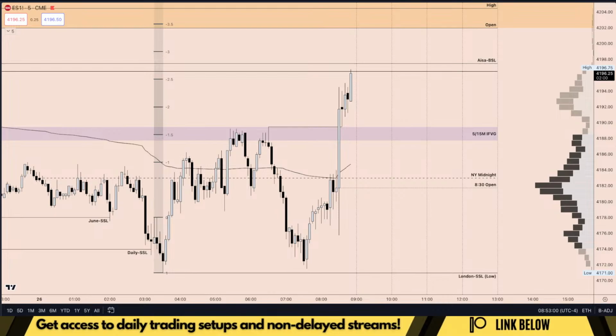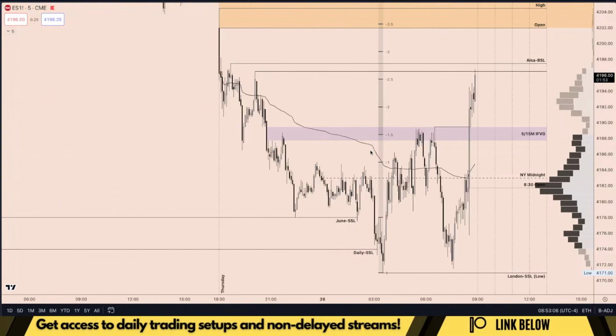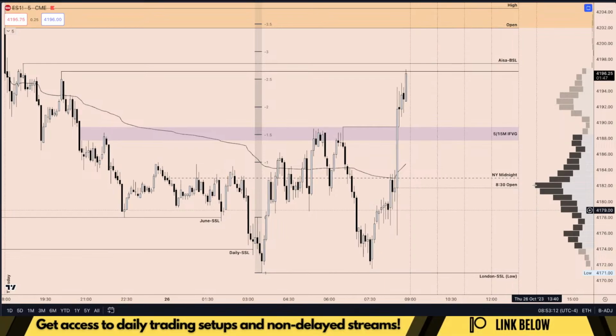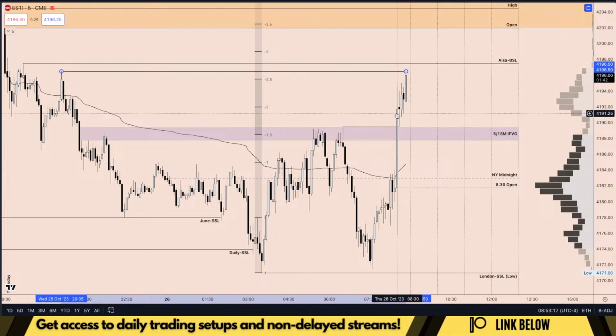I've just done some charting analysis with all the AZ VIP members, where we did this entire markup and discussed everything, and now the ES1 chart is ready to go. We continued expanding after the 8:30 news event that happened today, right here.